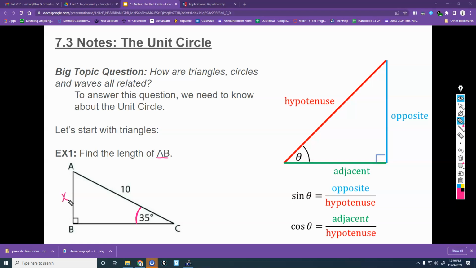All right. The hypotenuse is always across from your right angle. So across from this right angle, I've got this side right here. That is my hypotenuse. And then the opposite and adjacent has to do with whichever angle that you're given besides the 90-degree angle. Here, this side is across the triangle from that 35 degrees, so that would be your opposite side.